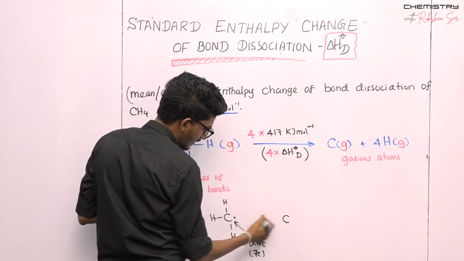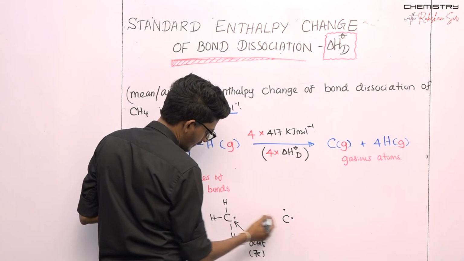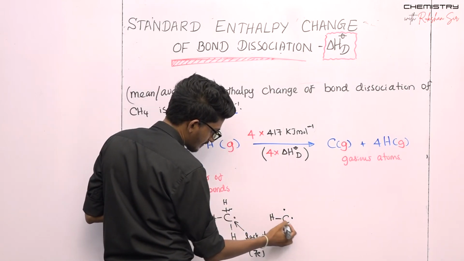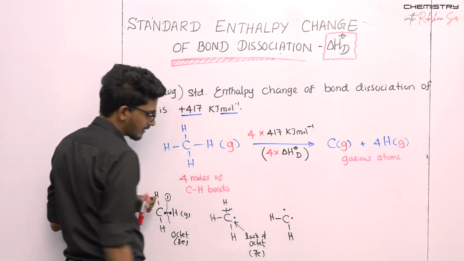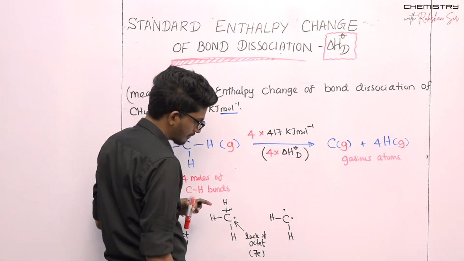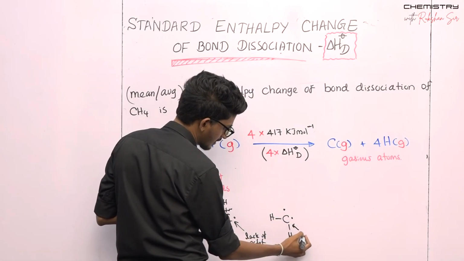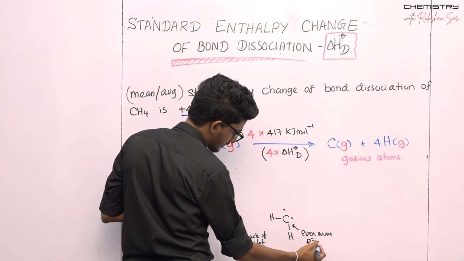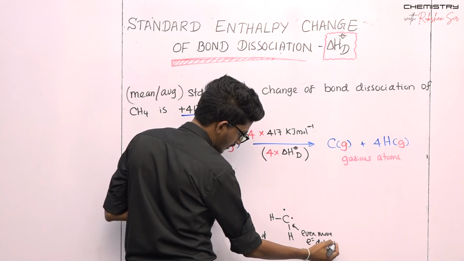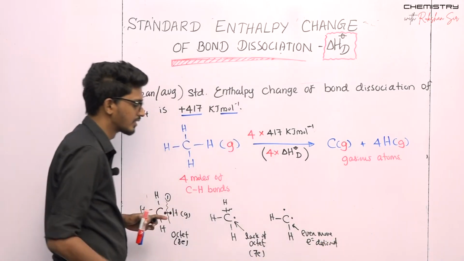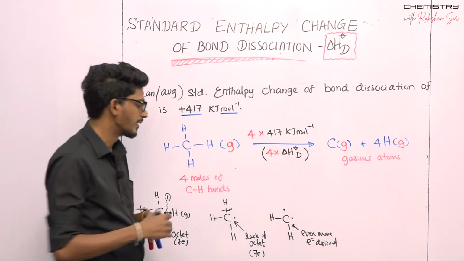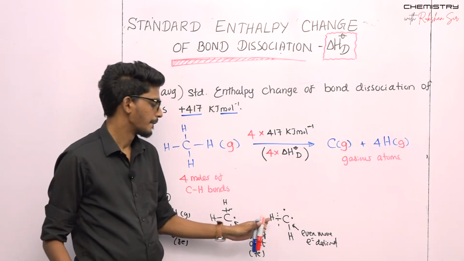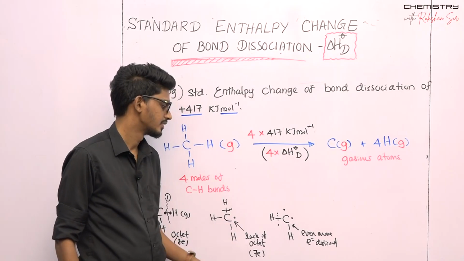By releasing the second bond, your carbon appears like this, which is even more lacking in the octet, even more electron deficient. That means to break this bond requires more energy than this.